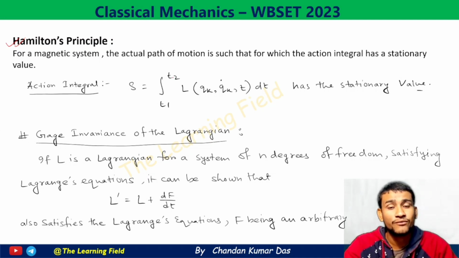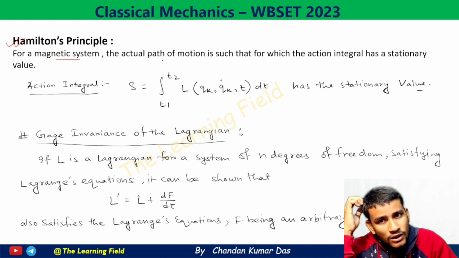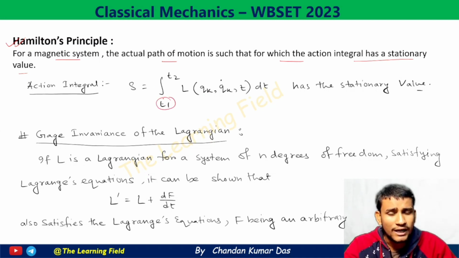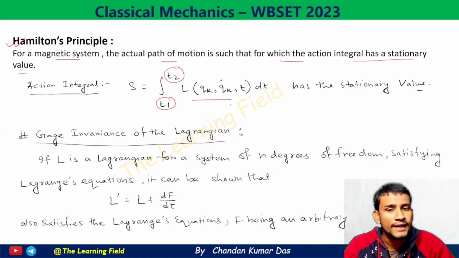These all topics are very important for classical mechanics, okay. So for any mechanical system, the actual path of motion is such that for which the action integral has a stationary value. And action integral means what? If t1 is some time and t2 is another time, then this action integral is S equal to the integral from t1 to t2 of L dt, and L is a function of qk, qk dot and t, which has the stationary value, okay.